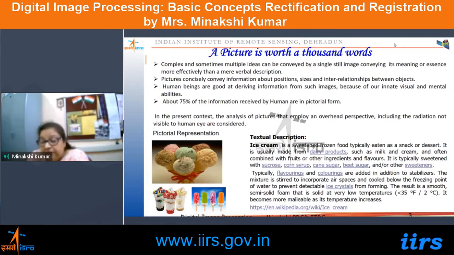From one image, again, this saying holds true for remote sensing data also. From one image, many different scientists and analysts extract different information. A water resource scientist would extract information related to his application. An agriculture scientist would extract information related to his application.